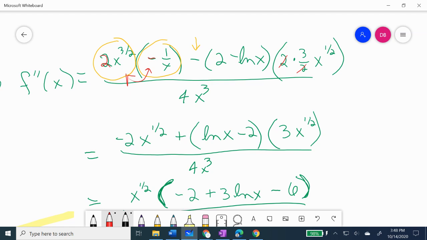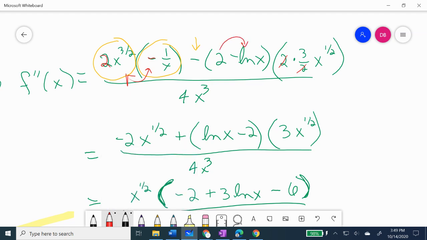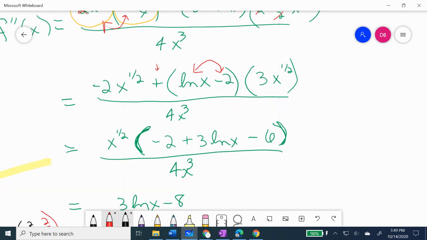And with this negative sign, I really didn't want to deal with it, so I changed the subtraction order and turned that frown upside down, from a negative to a positive. And then over here, I have times 3x to the 1/2 power. Always keep an eye out for factoring. Over this addition sign, we have a common factor of the square root of x, or x to the 1/2 power.